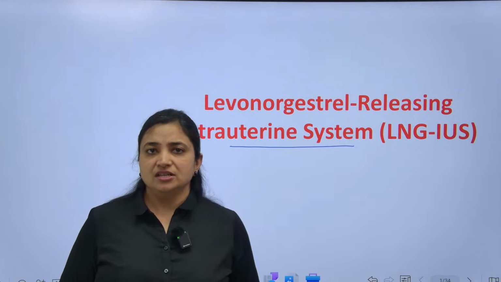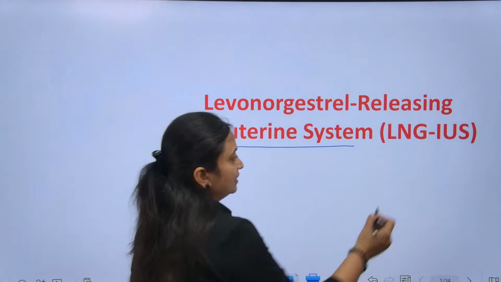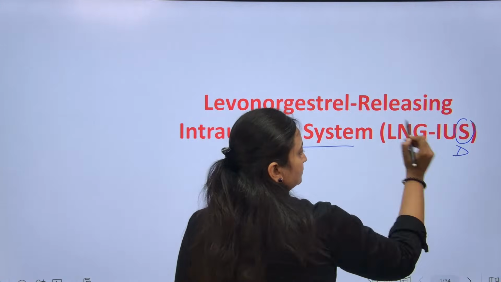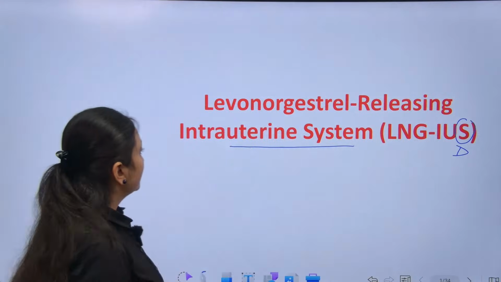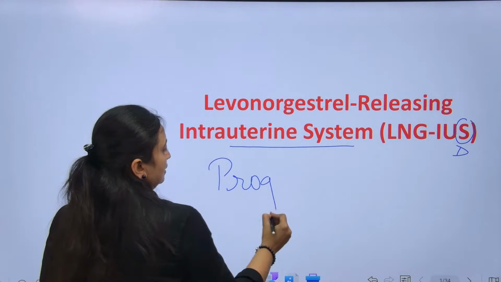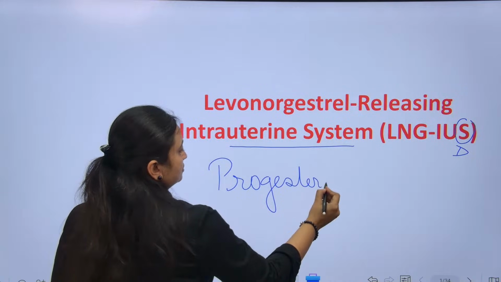What is LNG-IUS and why is it S, not D, right? It contains progesterone, which is levonorgestrel.